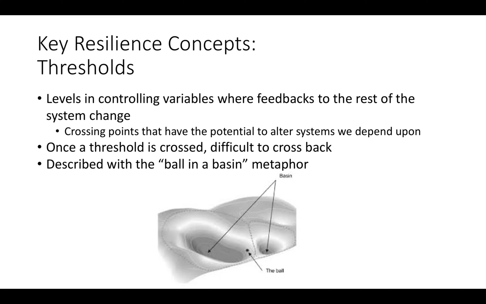And the book describes this as the ball in a basin metaphor. You can see there's a multi-dimensional basin, actually multiple multi-dimensional basins. The ball is a system. The basins are the system variables and external conditions.